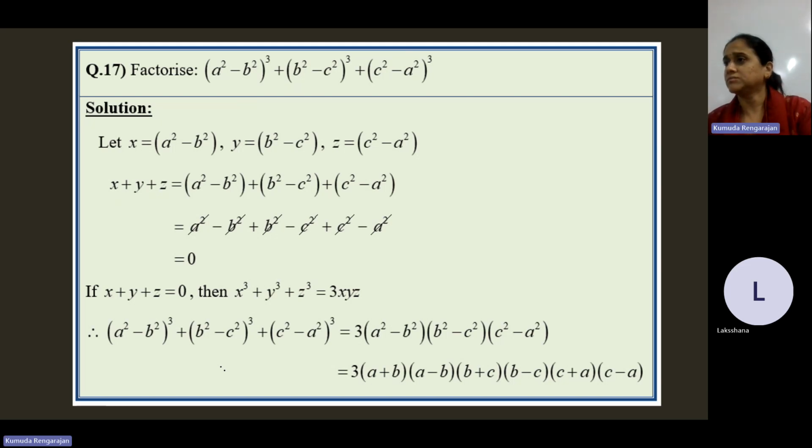Understood, Sanjay? So what is a squared minus b squared? Very good. What is a minus b the whole squared?